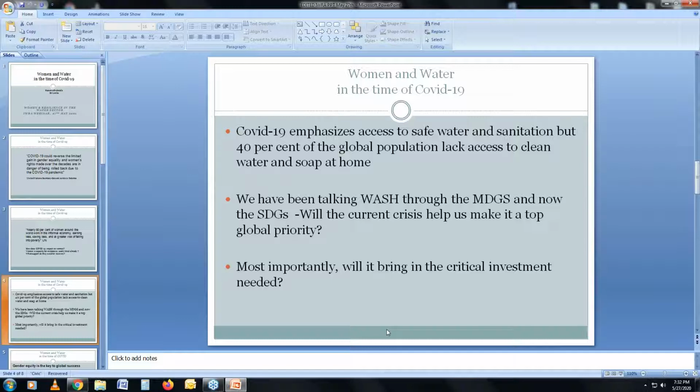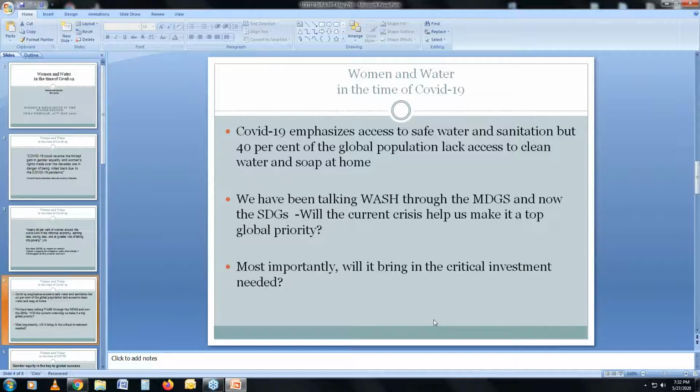But my problem is, for most of the communities that I work with, urban marginalized communities or rural communities, where is the soap? Where is the water? As we have been walking and talking our way on WASH through the MDGs, now to the SDGs, I asked myself, and I had 66 days to think of this, is this current crisis going to make it a top global priority? Or is it something that will peter out along with the coronavirus?